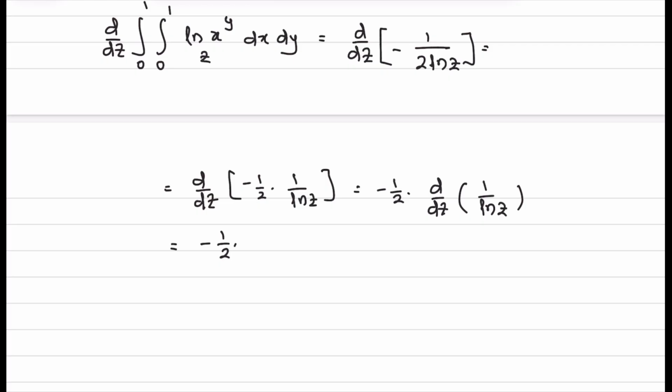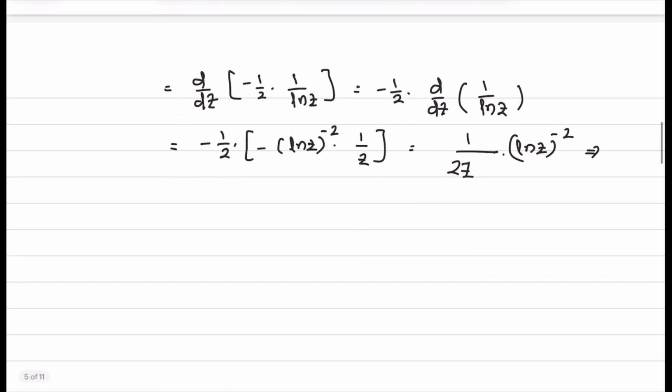And if t is equal to ln z, then 1 by t will be t to the power of minus 1, and its derivative gives minus ln z to the power of minus 2 into 1 by z. That will be 1 by 2z into ln z to the power of minus 2.